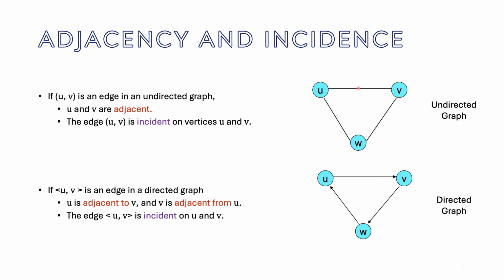The edge UV, so this one, is incident on vertices U and V. Then, if UV is an edge in a directed graph like the one over here, U is adjacent to V and V is adjacent from U. And then the edge UV, this one over here, is incident on U and V.